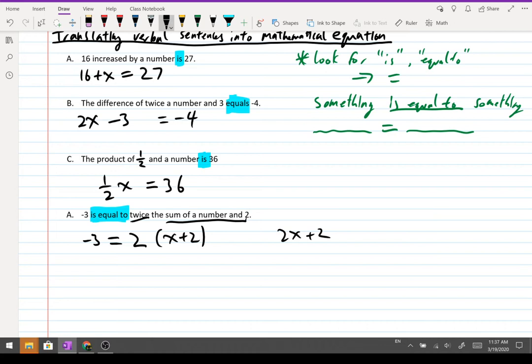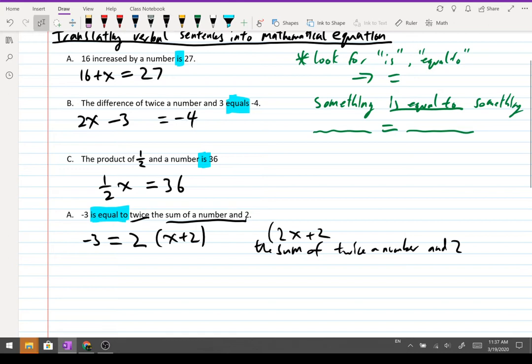If it's going to be 2x plus 2, it's going to be written as the sum of twice a number and 2. That's how this would be written.